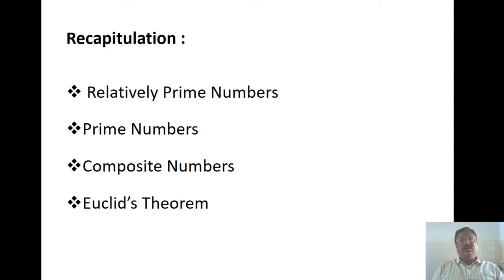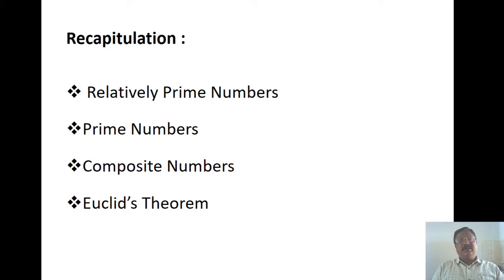You know the numbers with GCD 1 are known as relatively prime numbers. Then prime numbers are those which are greater than 1 with their divisors as 1 and themselves. Composite numbers are those numbers which are greater than 1 but not prime numbers.